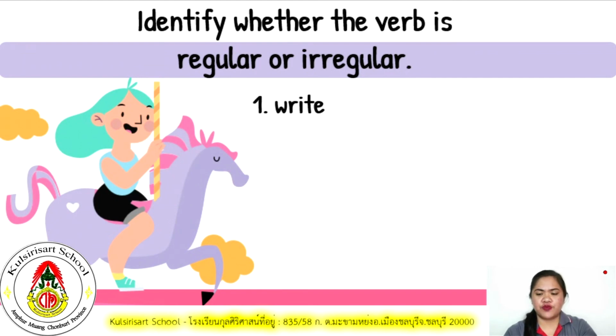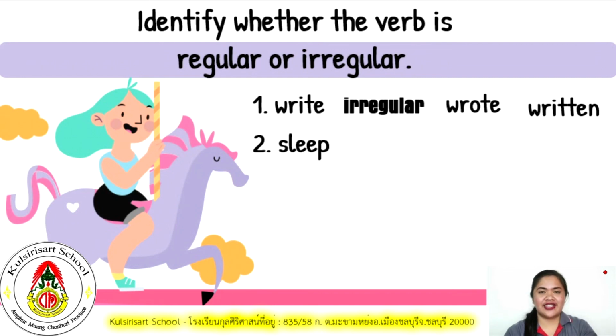So we have number 1. The word is write. Do you think it's regular or irregular? Say your answer louder, please. Very good. It is irregular. Why do we say it's irregular? Because the past tense of write is wrote and its past participle is written. Next, we have the word sleep.